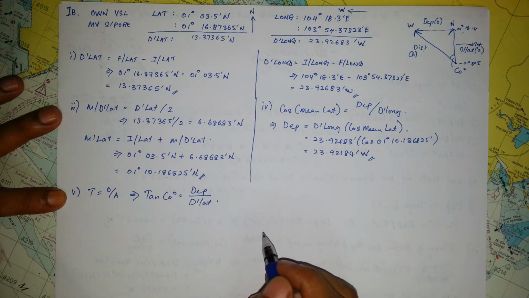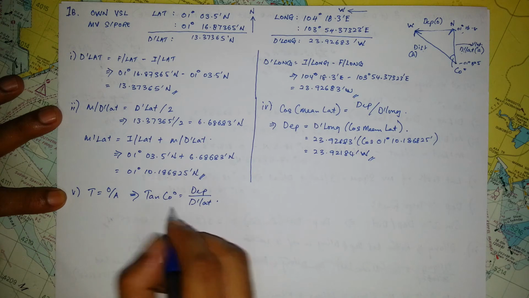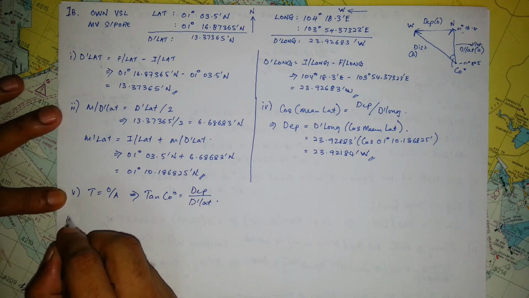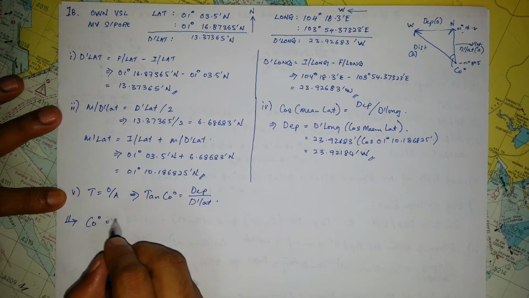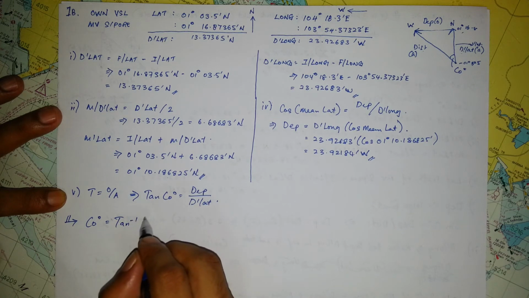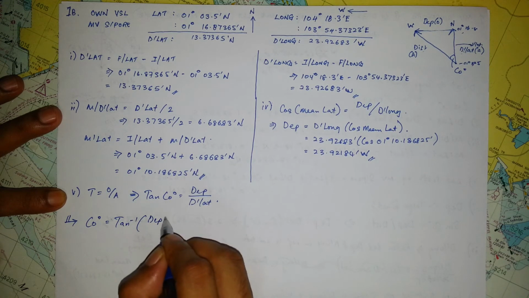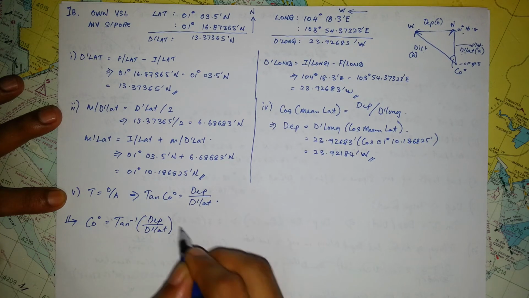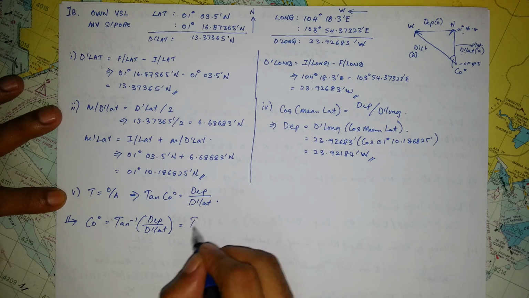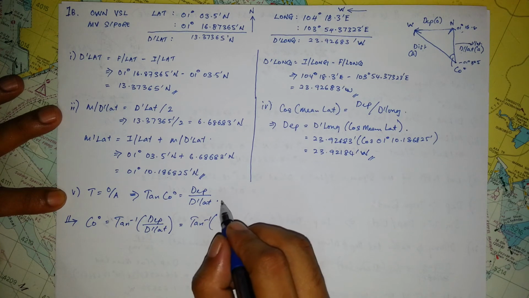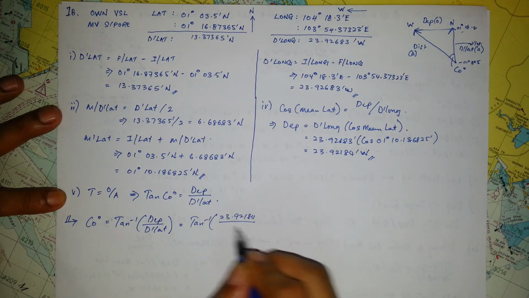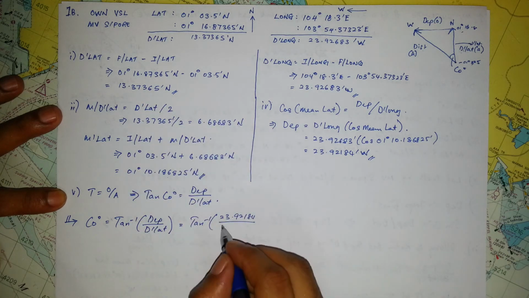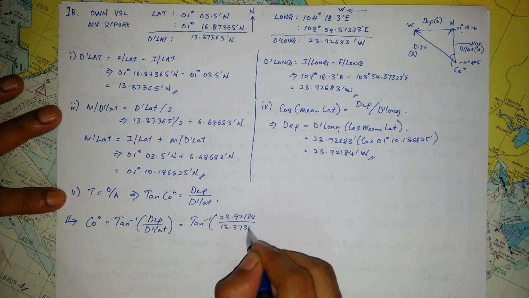So course equals shift tangent of departure divided by D lat, also equals shift tangent of 23.92184 divided by the D lat, 13.37365.